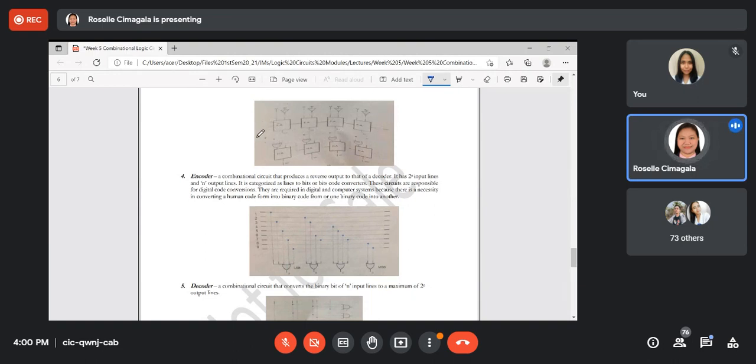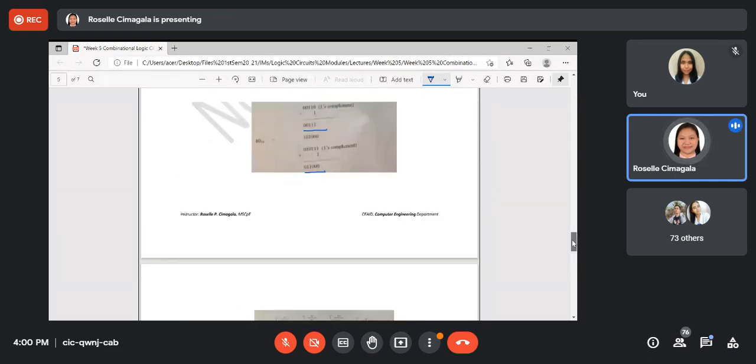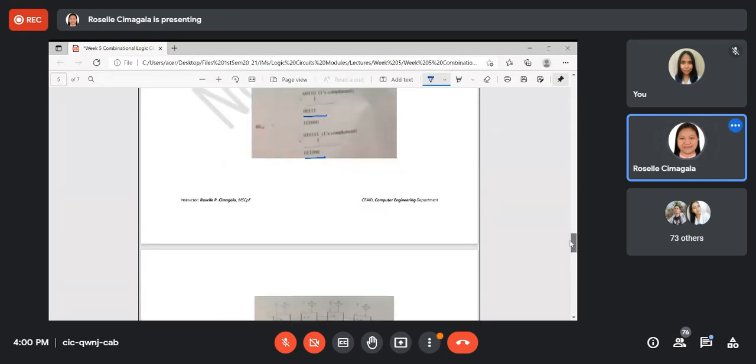XOR ning atong and carry, no? Unya mo na po gisud sa half other circuit, no? Final circuit na ni siya, no? So far mo ni si full subtractor.